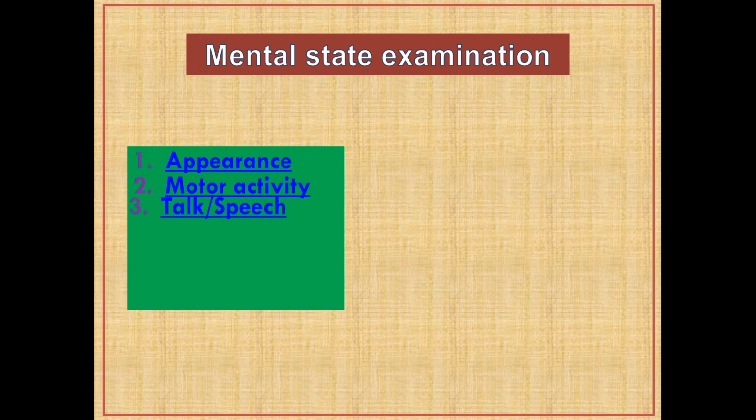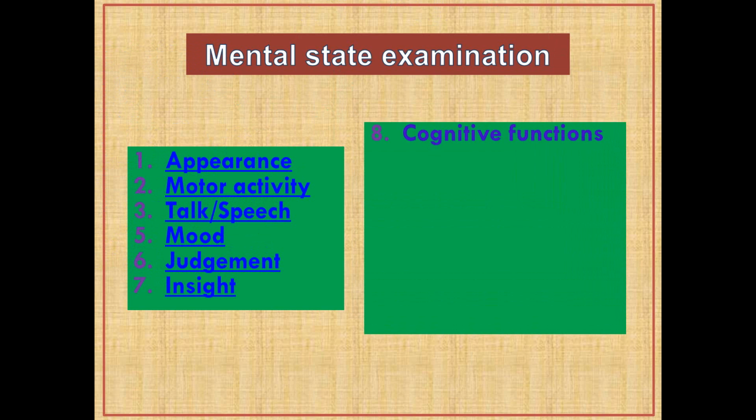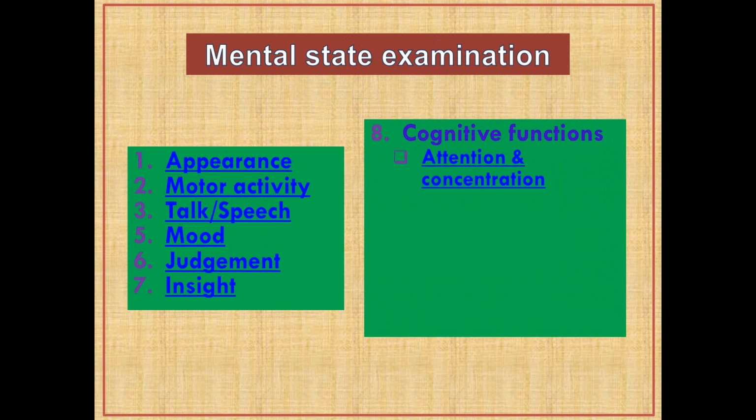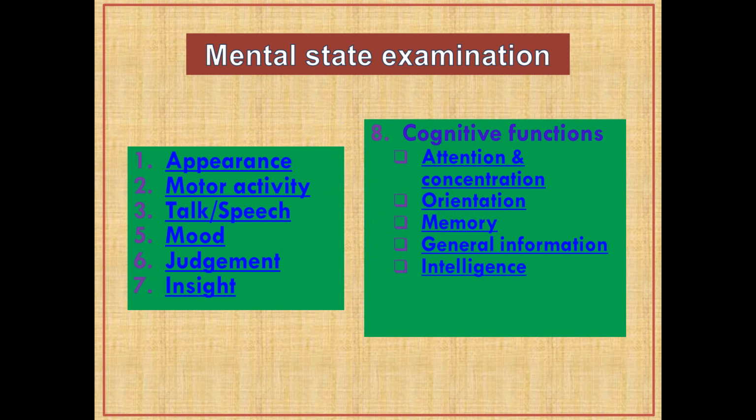Now here you see, can you read it from there? Yes. Here you see appearance, motor activity, talk or speech, mood, judgment and insight. These are the seven things which are to be studied on one hand, and on the other hand cognitive functions are to be studied.